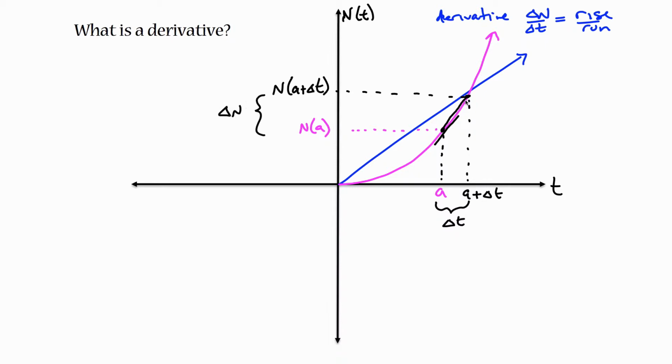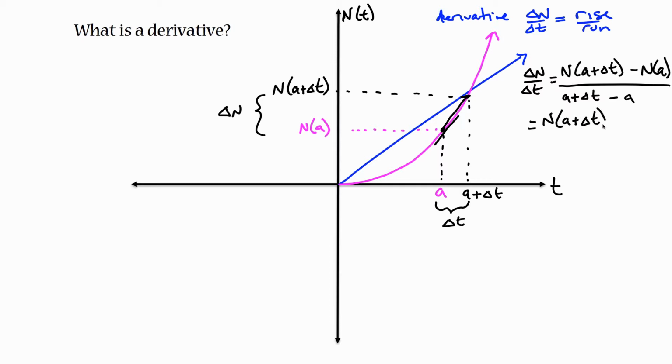So the slope of that secant line is just the change in n over the change in t, which on top is n at A plus delta t minus n of A, and the change in t was just A plus delta t minus A, which we can just write as n at A plus delta t minus n at A, all over delta t.